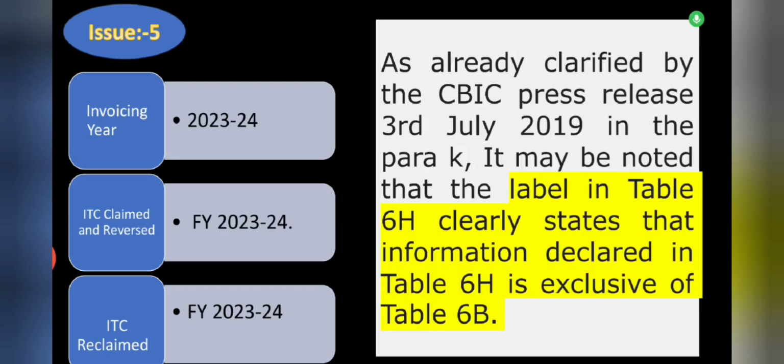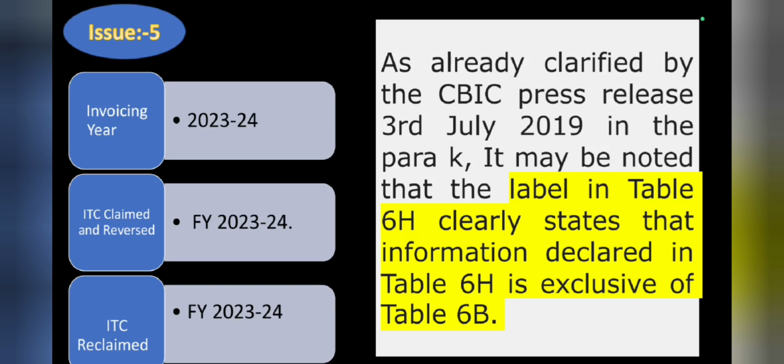Moving to the last issue, issue number 5. Here they are saying that our invoice pertains to financial year 23-24. We have claimed and reversed this ITC in 23-24, and we have also reclaimed this invoice in 23-24. It means we have done all the activity, that is, ITC taken, then reversed, and re-availed in the same financial year.